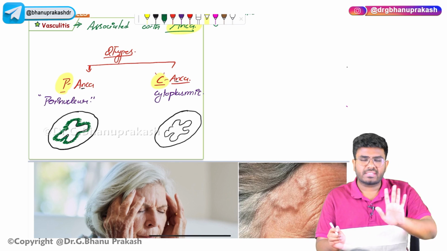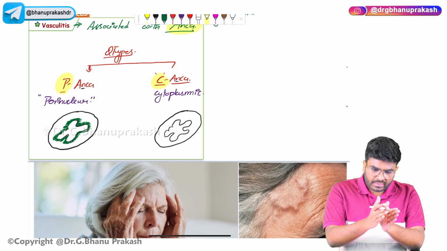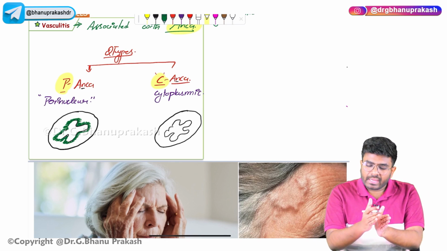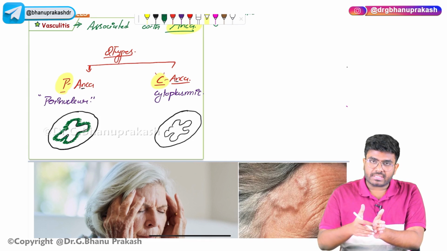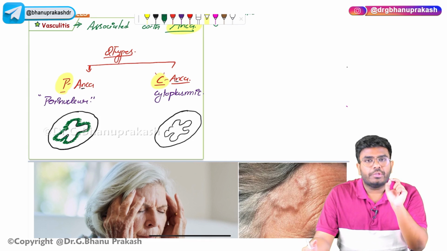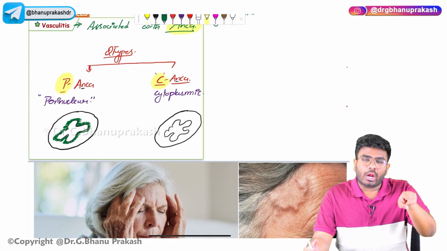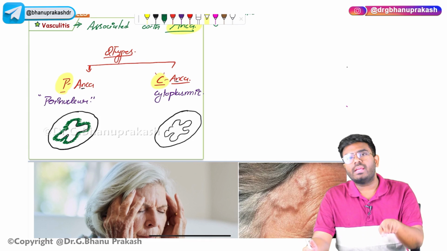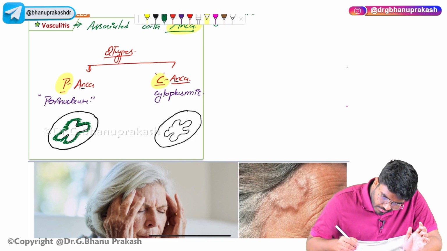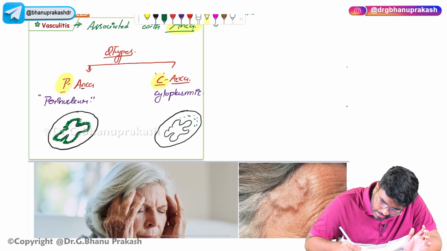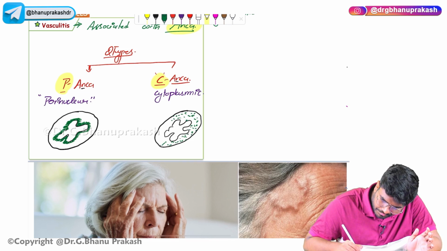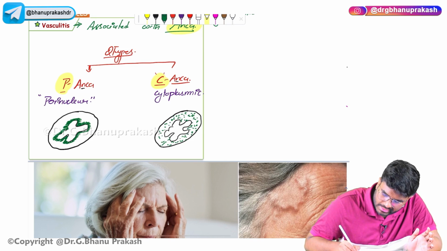Both the antibodies are present in the cytoplasm only. But if the antibodies are sitting at the edges of the nucleus, around the nucleus, then it is called perinuclear ANCA. In the other way, if the antibody is distributed evenly within the cytoplasm, then it is called cytoplasmic ANCA.